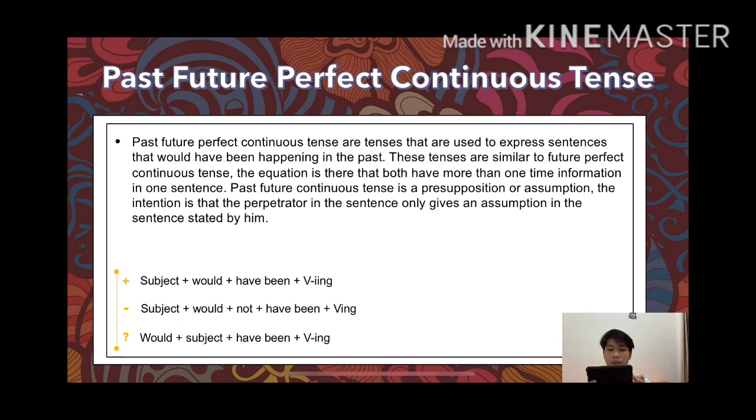Past future continuous tense is a presupposition or assumption. The intention is that the perpetrator in the sentence only gives an assumption in the sentence stated by him. For the formula, you can see the screen.